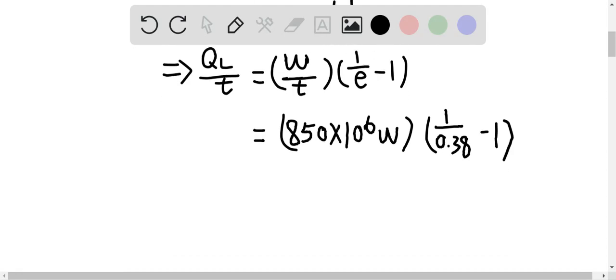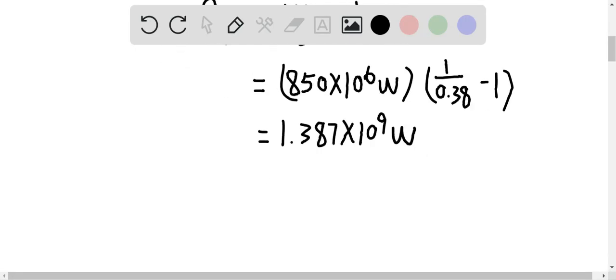This will give us the energy loss per unit time, equal to 1.387 times 10 to the power of 9 watts.